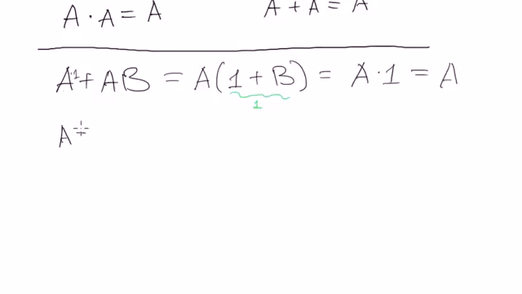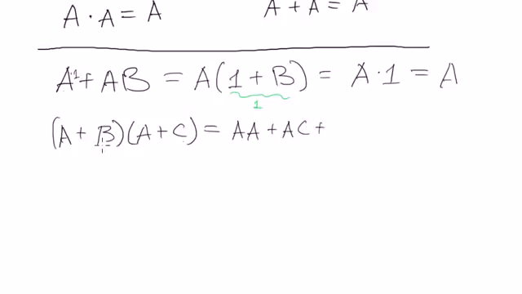a plus b multiplied by a plus c. So let's start and multiply these two brackets. It would be a, plus ac, plus ba, plus bc.